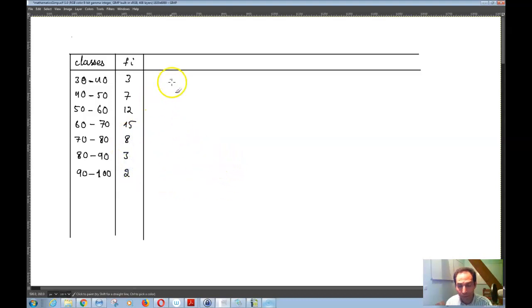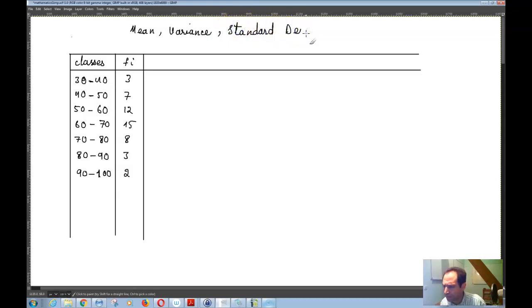And what you want to calculate here is the mean, the variance, and the standard deviation related to your data.